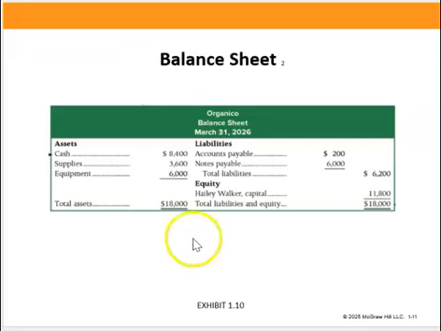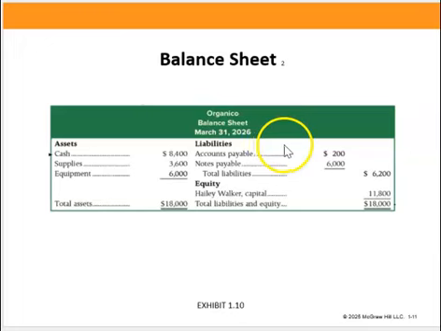And again, we have assets, we have cash, we have supplies, so maybe those are books, or if it's a car dealership, maybe it's parts for the cars. Maybe it's cleaning supplies if we're a cleaning company. Then we have equipment. It could be photocopiers, it could be computers, it could be manufacturing equipment.